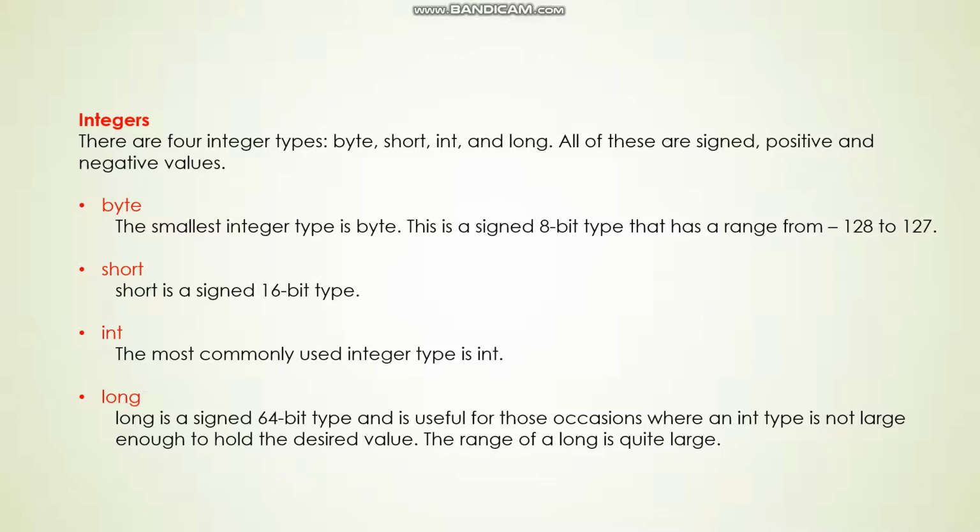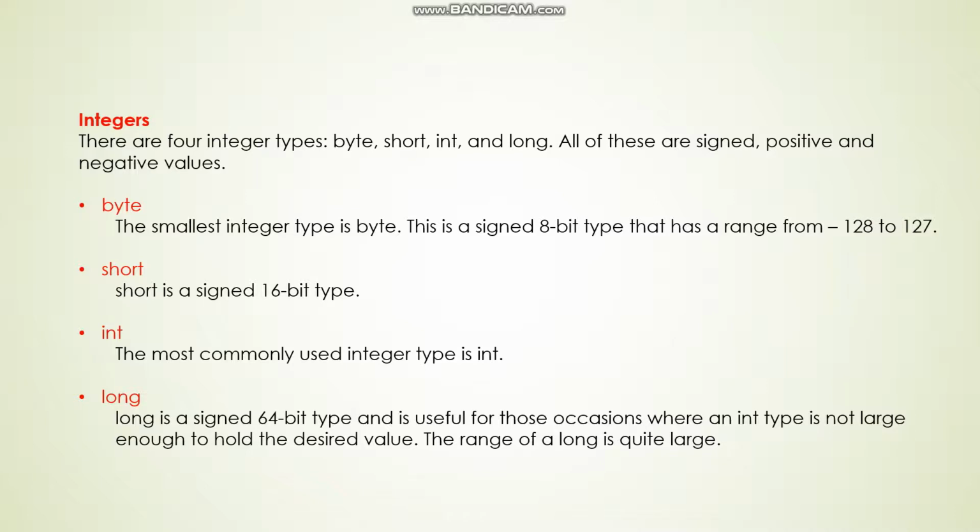Long. Long is a signed 64-bit type, and it is useful for those occasions where an int type is not large enough to hold the desired value. The range of long is quite large. By this we can conclude that the long data type is useful when big whole numbers are needed.